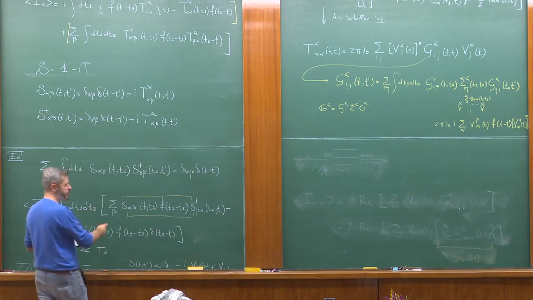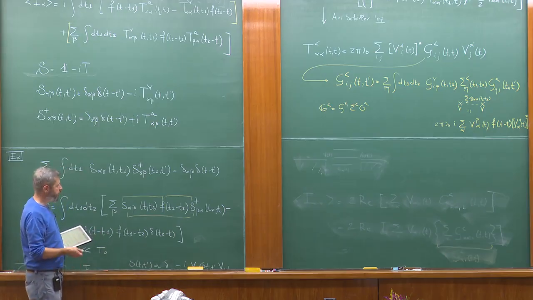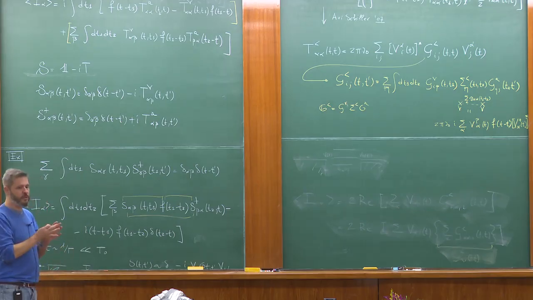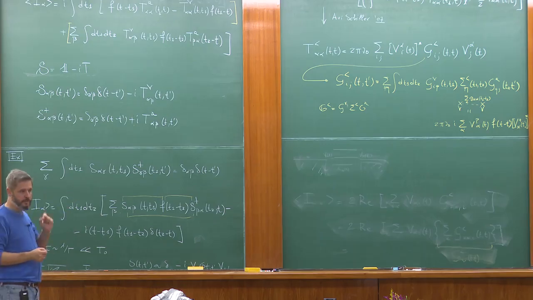Why do I want to expand in gradients this S matrix? Well, because I told you, I focus on the specific case in which I have a separation of scales. So I have a fast time scale, which is the time scale that the electron spends in the scattering region, and I have a slow time scale, which is the time scale with which I'm moving my parameters.